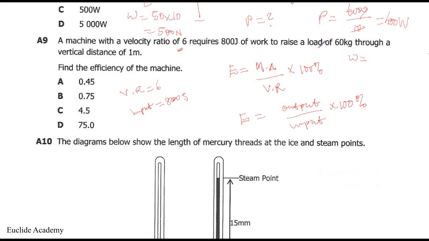If you transfer a load of 60 kilograms, which has a weight of 60 times 10, that is 600 newtons, through a vertical distance of 1 meter, you multiply the weight by the distance, which was 1, so the work you've done is 600 joules.